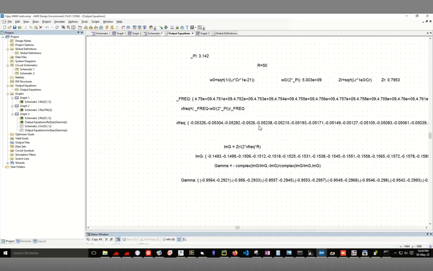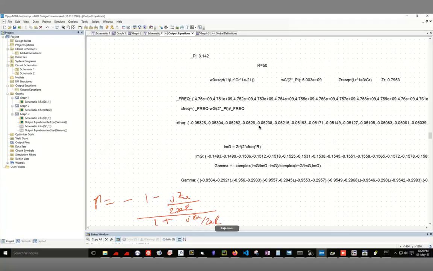To remind you, gamma was minus 1 minus j ZR over 2XR divided by 1 plus j ZR over 2XR.